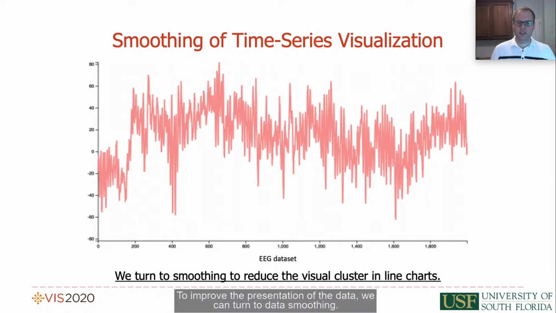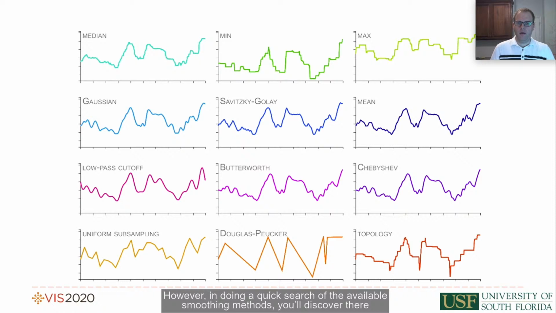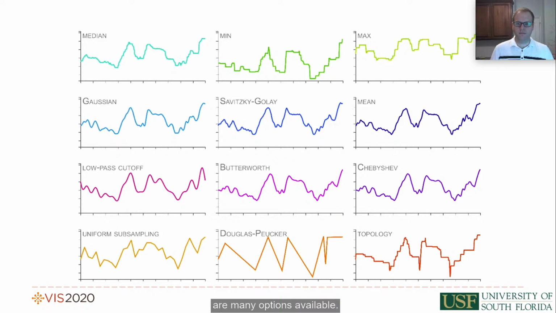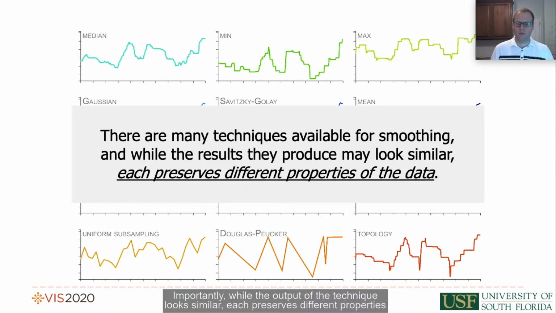To improve the presentation of the data, we can turn to data smoothing. However, in doing a quick search of the available smoothing methods, you'll discover there are many options available. Importantly, while the output of the techniques looks similar, each preserves different properties of the data.